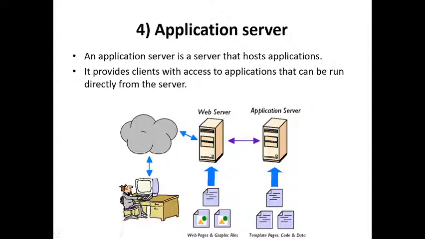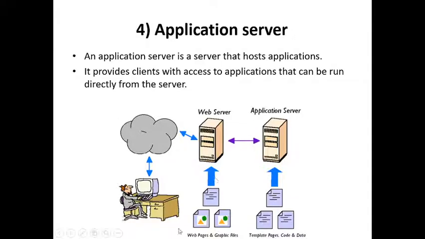Now look at this figure. This person wants to access a certain website. After that, what will happen? It passes this message or request to this web server. Then this web server communicates with this application server and takes whatever relevant page templates, code, and data to display.